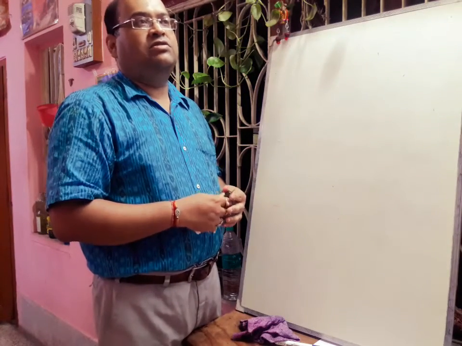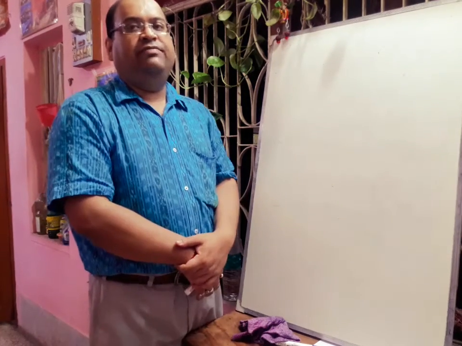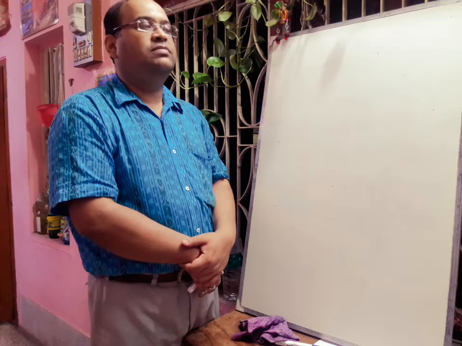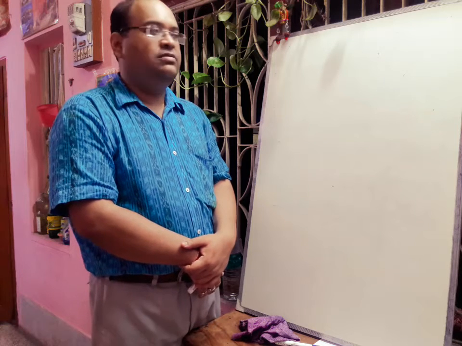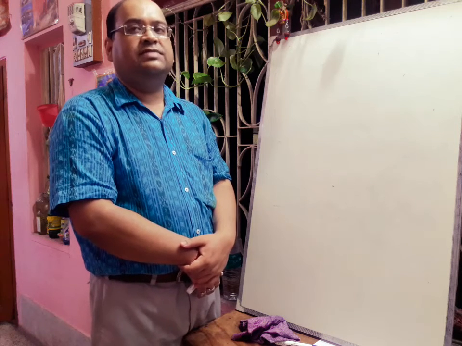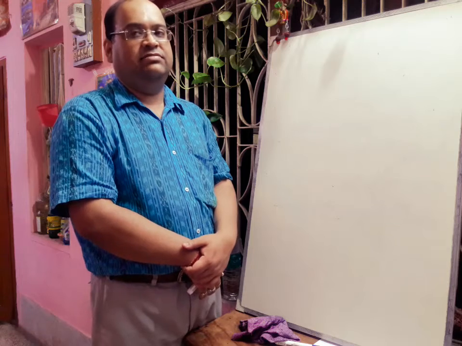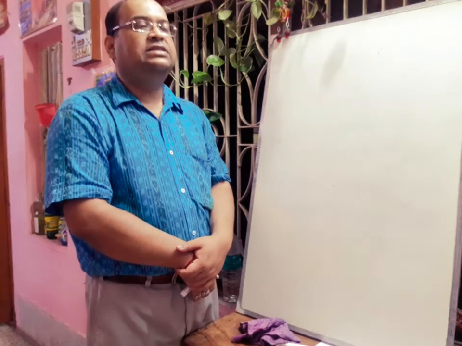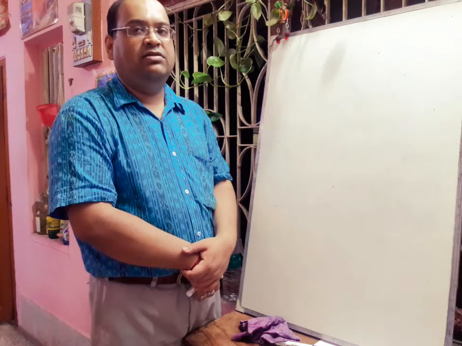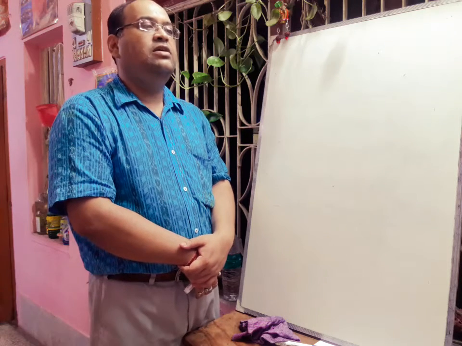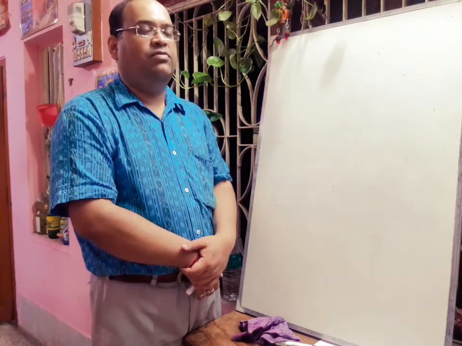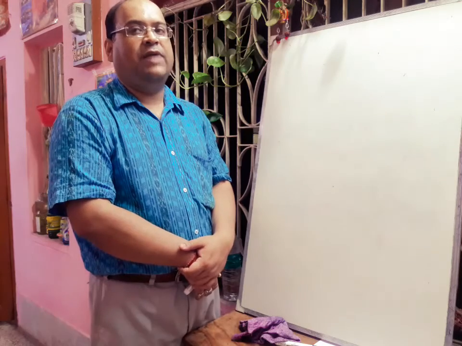Next we will discuss the oxidation reaction. If we keep a chloroform bottle for a long time, the oxygen present in air will react in the presence of sunlight and form phosgene, that is COCl2, which is very poisonous.